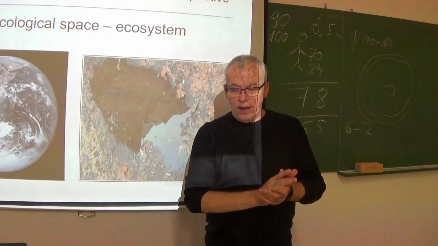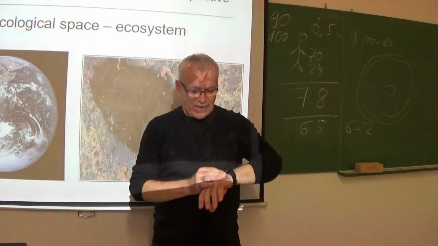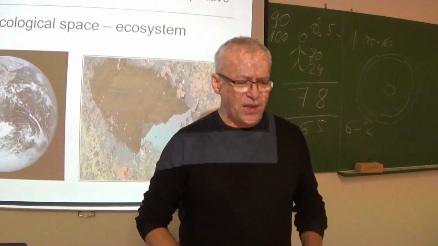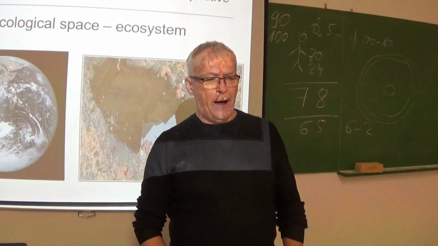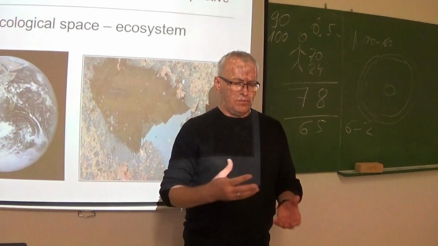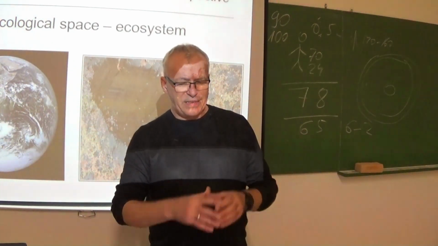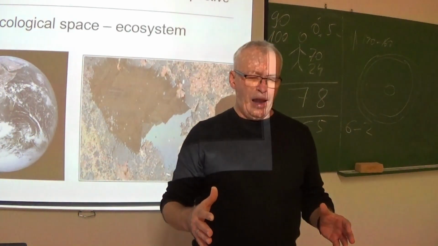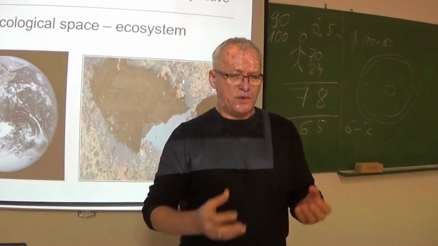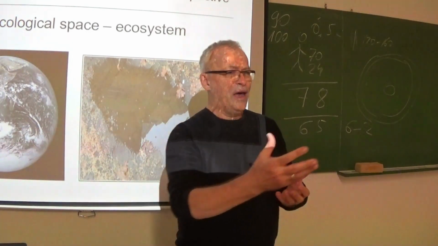Okay, the next space concept, the ecological concept. The ecological concept, the ecosystem concept, is not similar to geography, because the spatial unit is not necessarily analyzed like a unicorn or constructed like a Matryoshka doll.